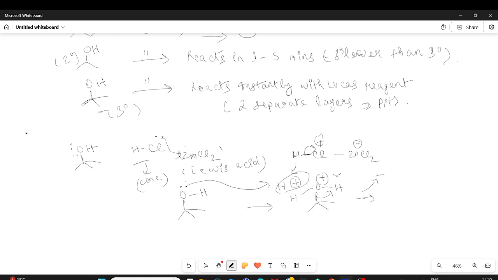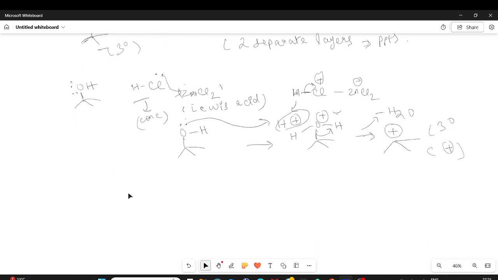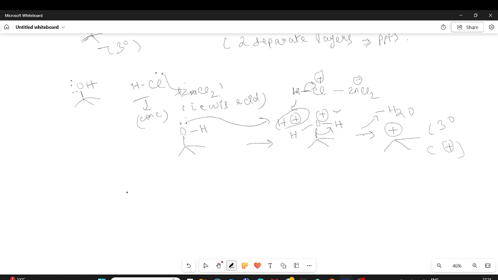So you basically get a water molecule here, and what is generated, this is important, is a 3 degree carbocation. It's a 3 degree carbocation. And we all know from our basic SN1 and SN2 reaction concepts that this 3 degree carbocation is highly stable.